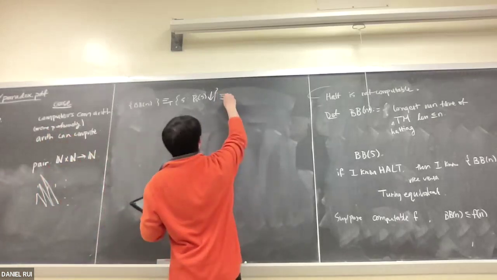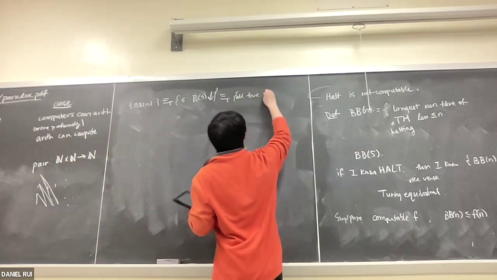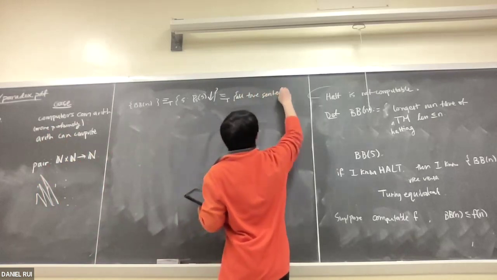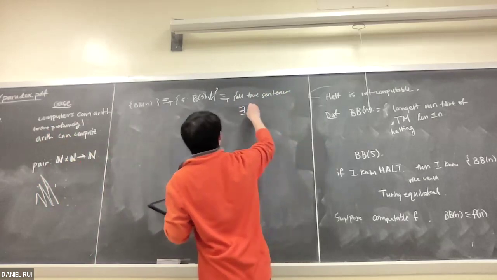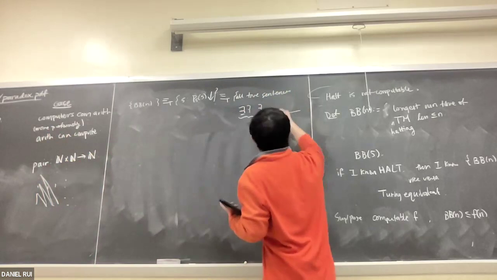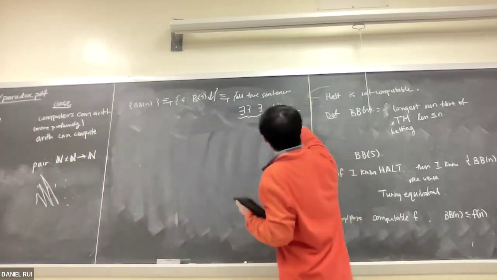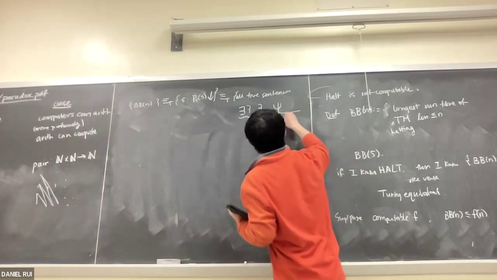And I'm going to say that this is also Turing equivalent to all true sentences that begin with some block of existential quantifiers, and then one arithmetic formula with only bounding quantifiers.